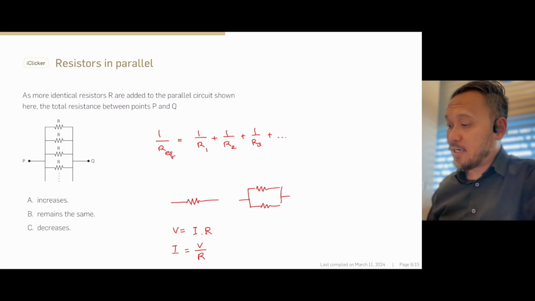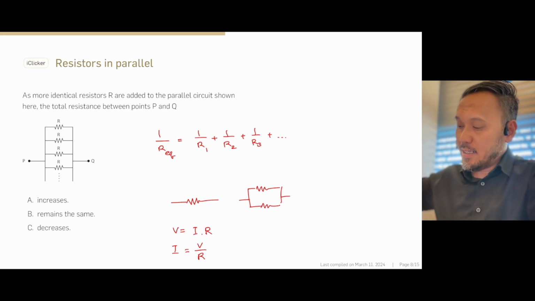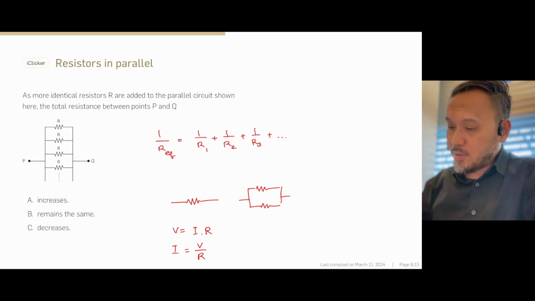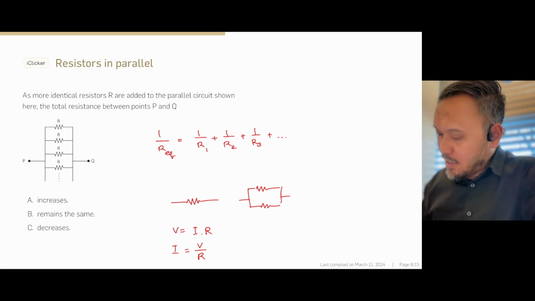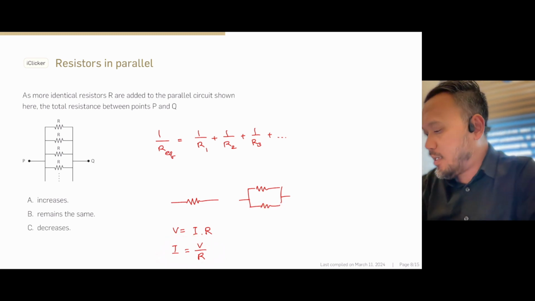the amount of current will be higher. Because the current across one resistor is given here, the current across the resistor on top is also given here, and the current across the resistor at the bottom is also given here.